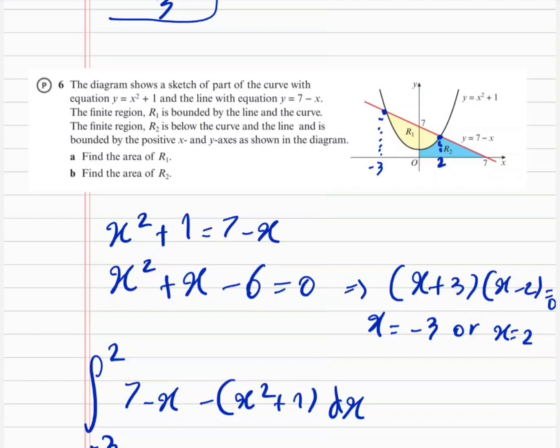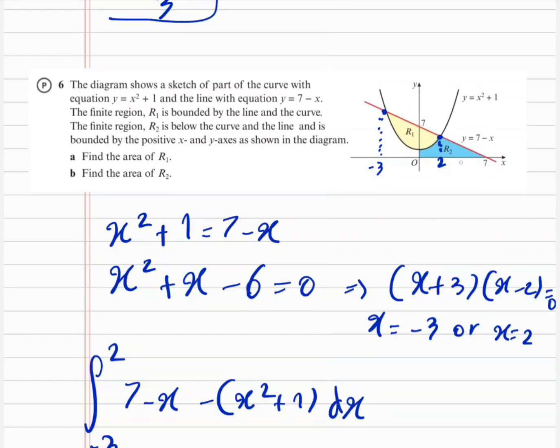Okay, for part B, we want to find the area of R2 now. Okay, so this one is interesting. Because if you look at R2, we have, as you can see, kind of two parts to that, because one part of R2 is between 0 and 2, which is the area that is bounded by the curve and the x-axis.